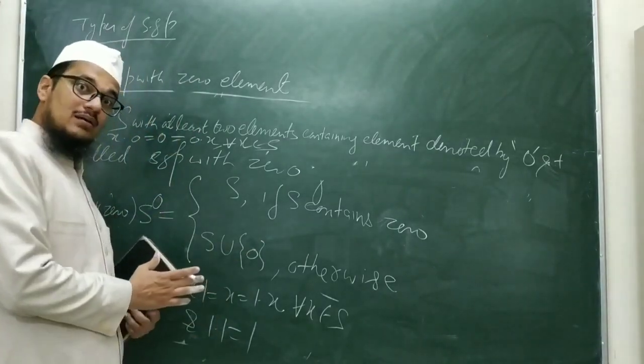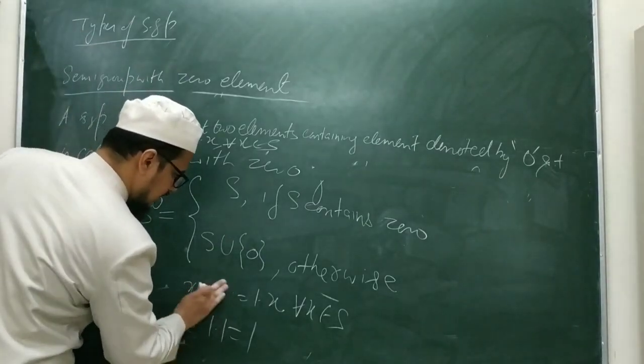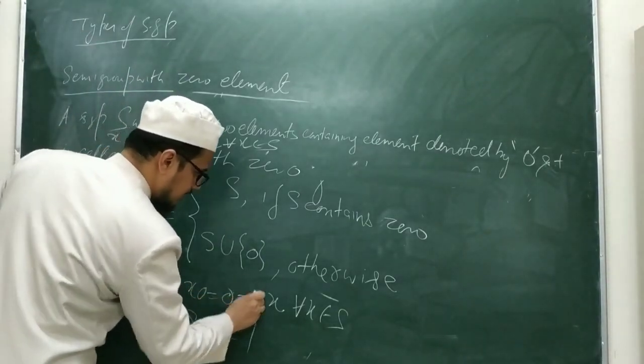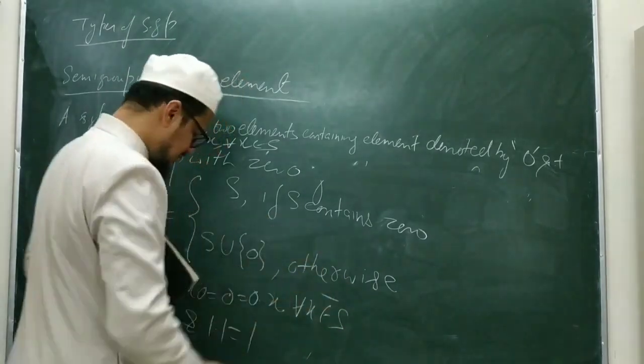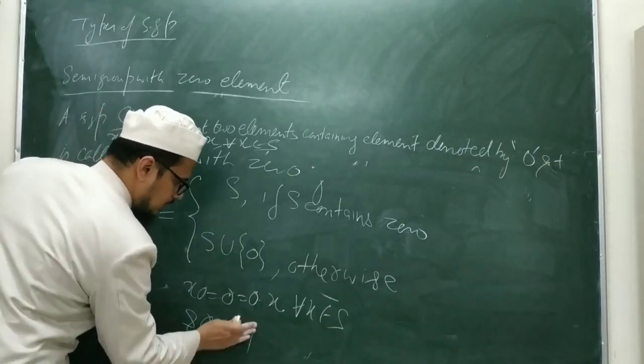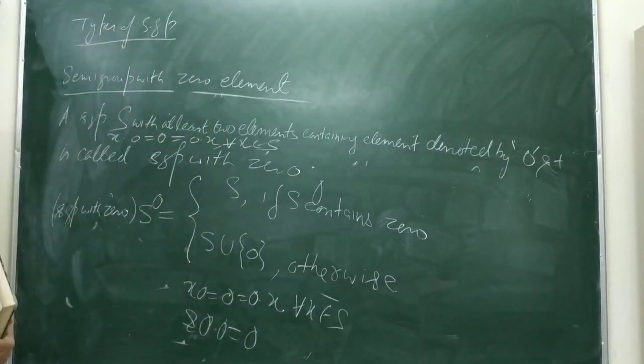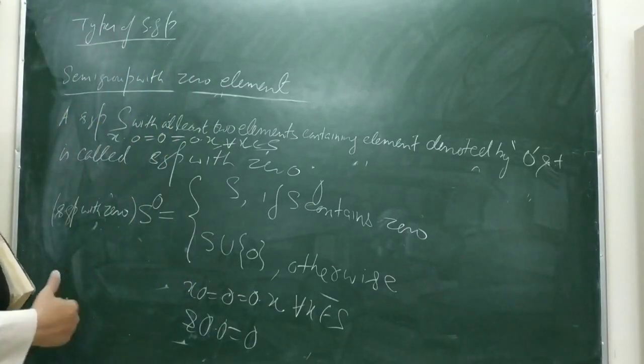But when we adjoin, we have to define the operation like this: x into 0 is equal to 0 is equal to 0 into x for every x belongs to S, and 0 into 0 is equal to 0. Is it clear? So this is the semigroup with 0 element.